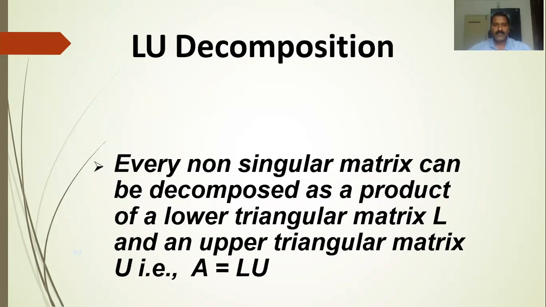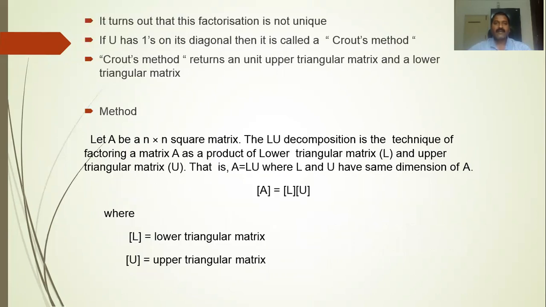What is LU decomposition? Every non-singular matrix can be decomposed as a product of a lower triangular matrix L and an upper triangular matrix U. That is, a non-singular matrix A can be written as a product of L into U, where L is a lower triangular matrix and U is an upper triangular matrix.